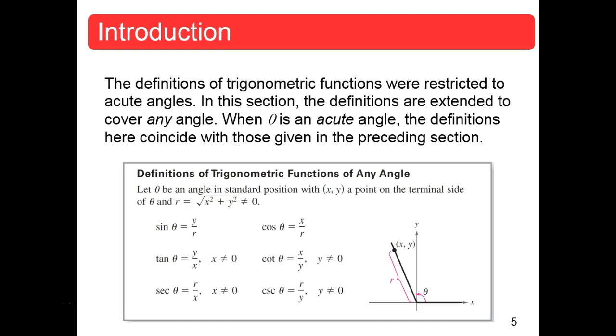The only difference between this and your unit circle was everywhere that you didn't have anything, put a 1 there, or where you had a 1, put an r there. Secant was 1 over x, now it's r over x; cosecant, 1 over y, is now r over y.